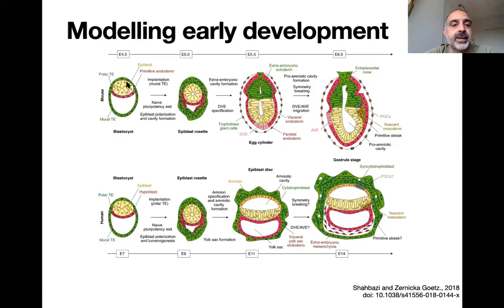We know that after compaction and the formation of the blastula, you get some level of differentiation, and then just before implantation, you get more overt differentiation happening. Similar stages in the human are shown here.